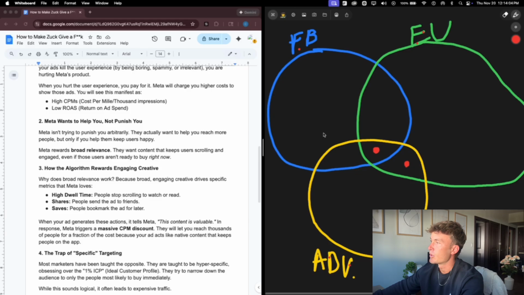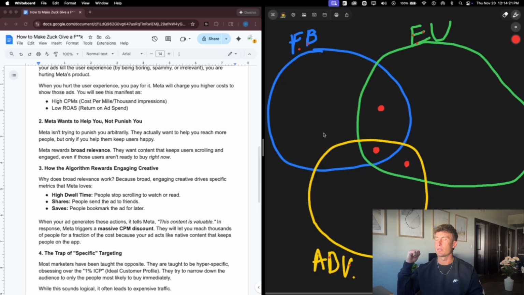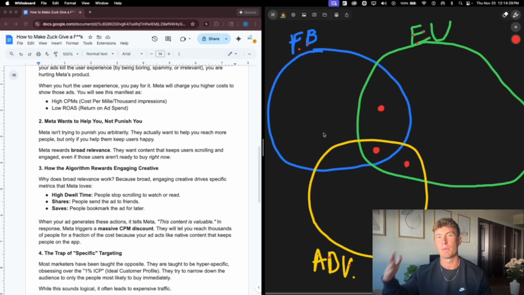So then if you go to Facebook with their goals and the end user with their goals, if you're in this category here, then your ads aren't converting. There's not enough direct response elements to get them to click off onto your page. Now you're making Facebook happy because the people are staying on the page, and you're making the end user happy because they're having a good experience, but you make no money.